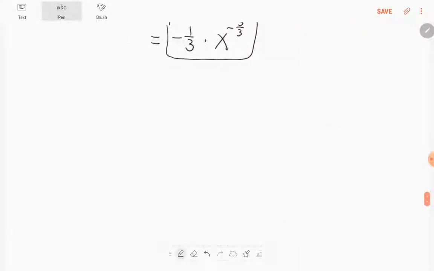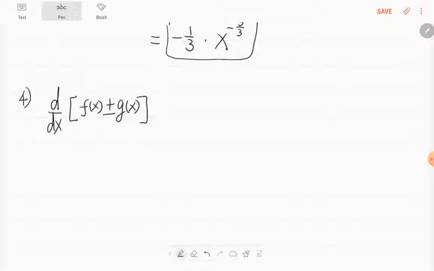Now let's look at the fourth rule, which is called the sum and difference formula. It says we want to find the derivative of the function f of x plus or minus function g. This is f plus or minus g, and we take the derivative.